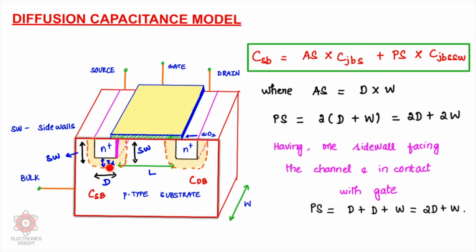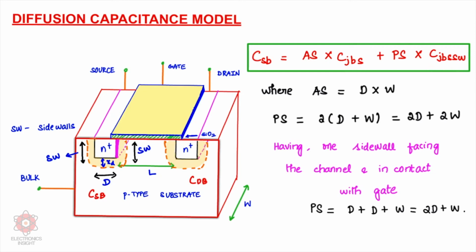We have a junction formed between the source and the substrate, and that junction capacitance we have taken in terms of the bottom of the source and also in terms of the side walls of the source. These two you call the side walls of the source, and the side walls of the drain, and this is the bottom of the drain and this is the bottom of the source. Here we consider area into the junction capacitance between the bulk and the bottom of the source, and then we find out the perimeter, and then CJBSSW.